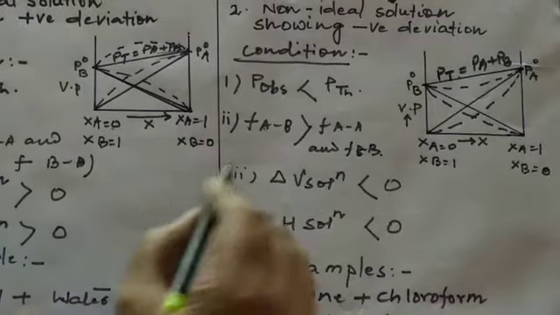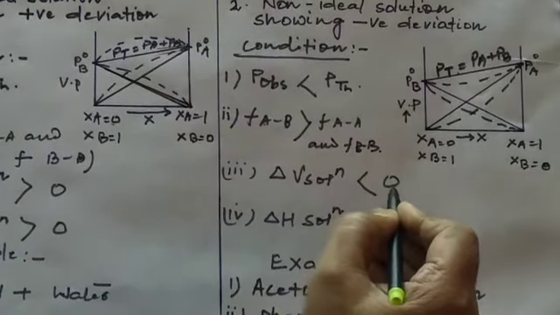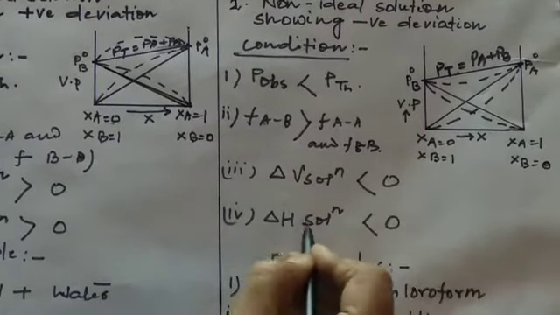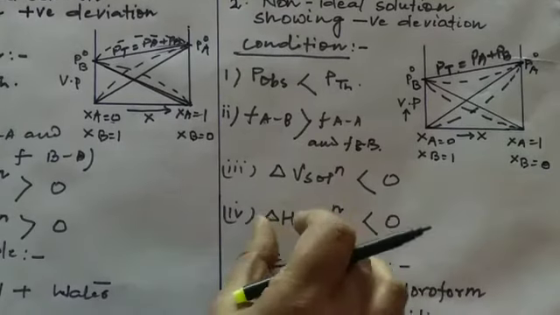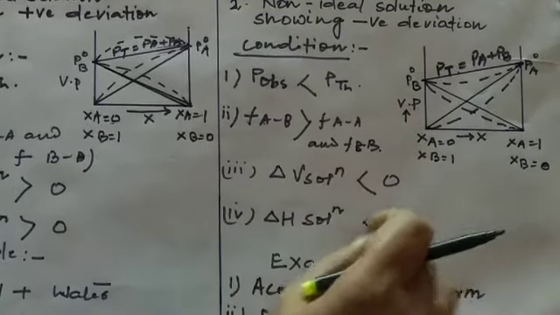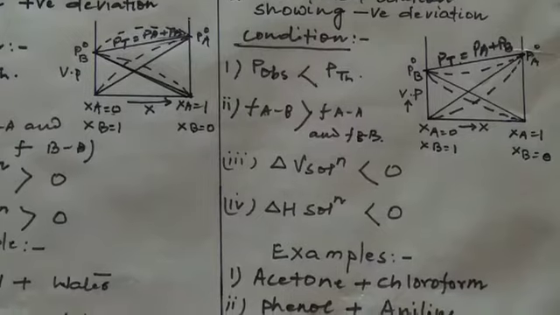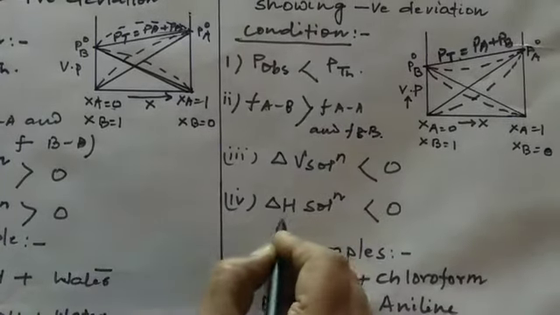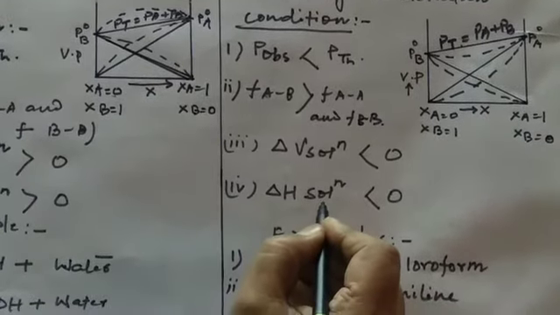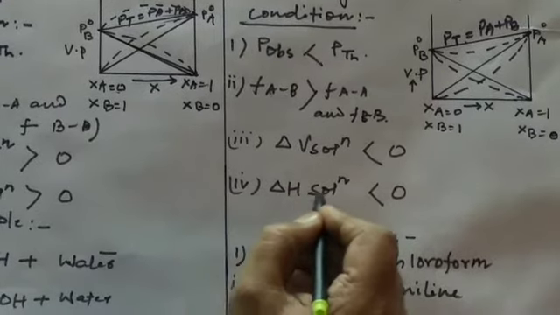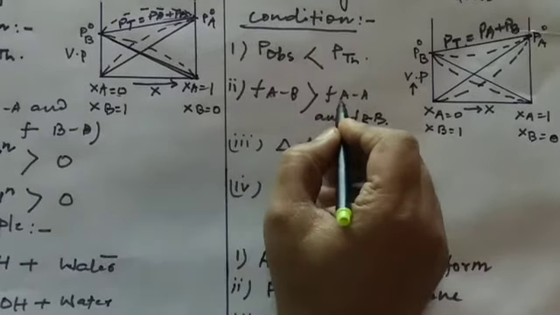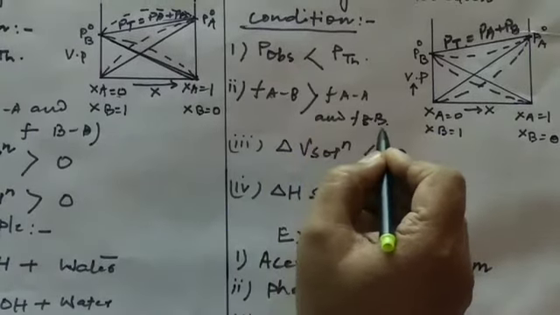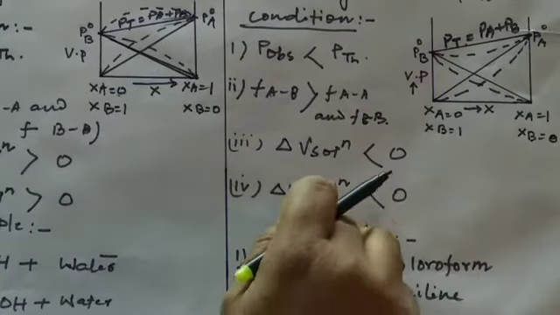And for that, delta V mixing is less than 0. Delta H, the enthalpy change of the solution, should be less than 0. It will show negative deviation. That means in this case, the energy released is more than the energy required for decomposition of bonds between AA and BB. Then delta H will be negative.